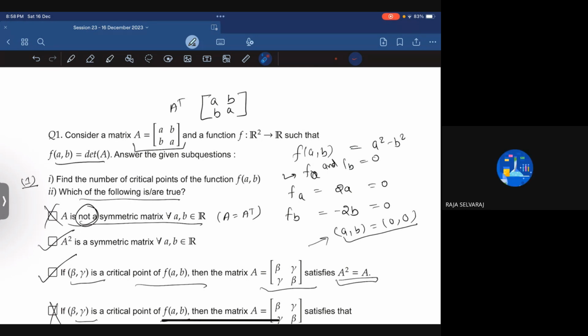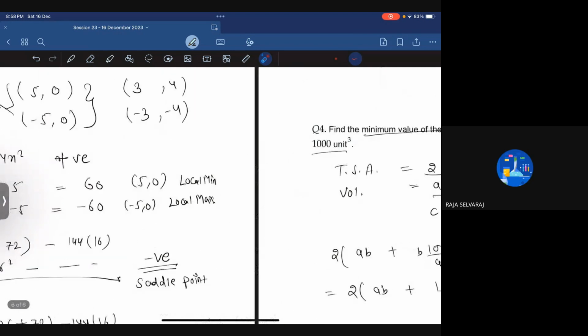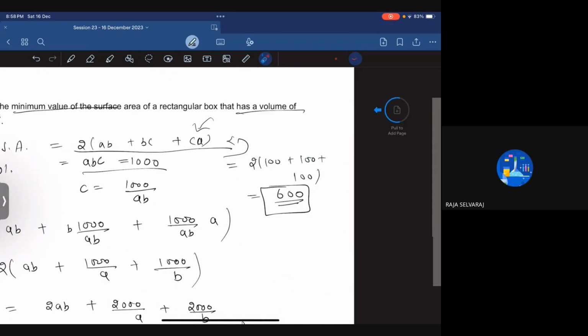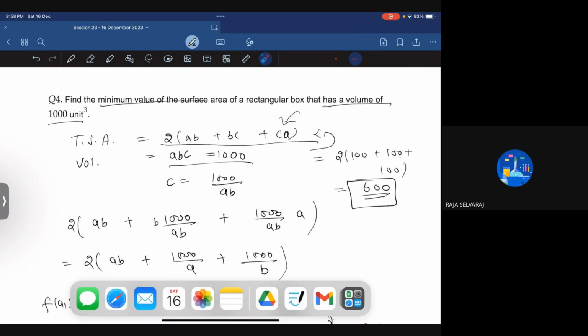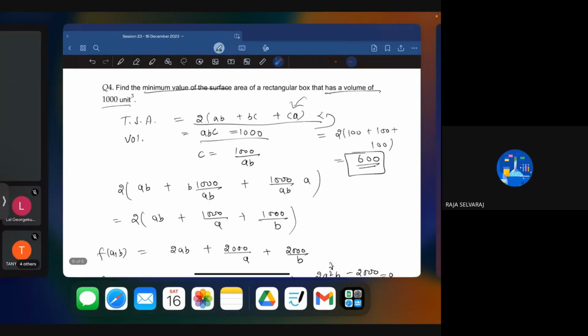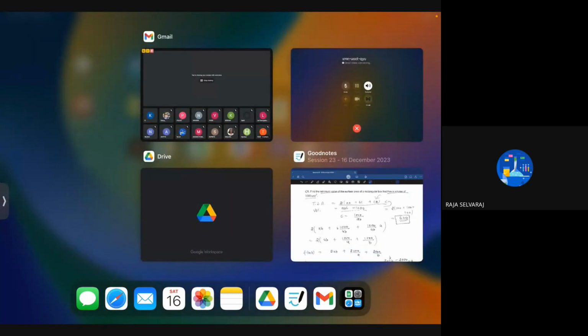Sir, can you open the week 9 Lavanya ma'am class PDF? I have a doubt in the gradient calculation.